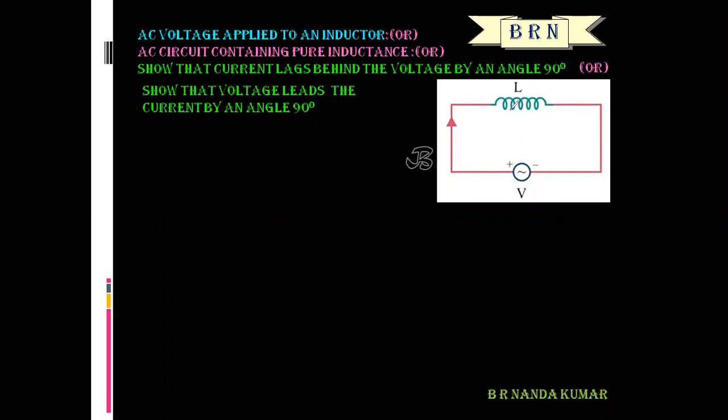The resistor is a circuit element which offers certain opposition to the flow of current. So an inductor is a circuit element which offers certain opposition to change in current. It opposes the change in current, but it does not oppose the steady current.